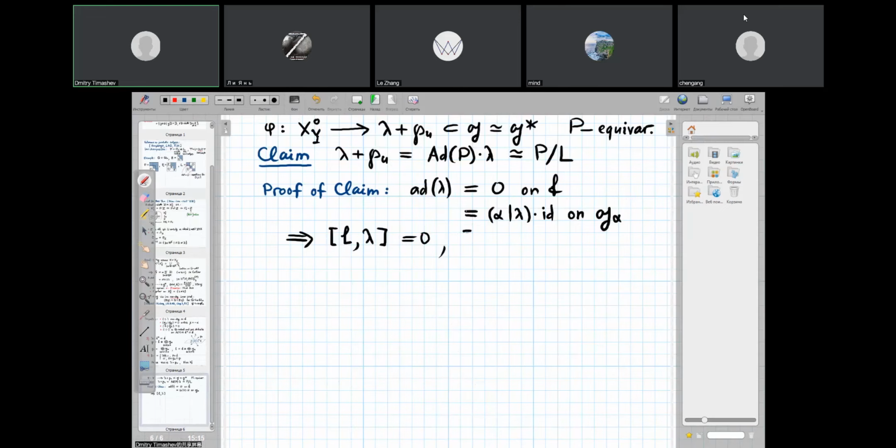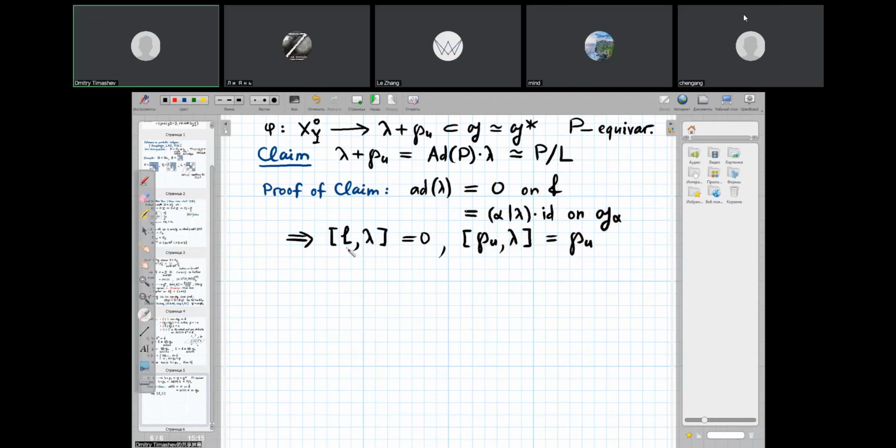And if you commute the Lie algebra of the unipotent radical, Pu, with lambda, then you get Pu itself, just because Pu consists of those root subspaces for which this inner product is positive. So the adjoint operator of lambda acts in a non-degenerate way on each root subspace from Pu, and therefore its action on Pu is non-degenerate. So we get the whole space.